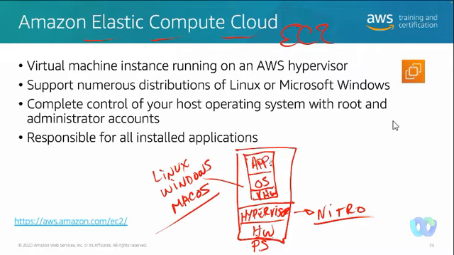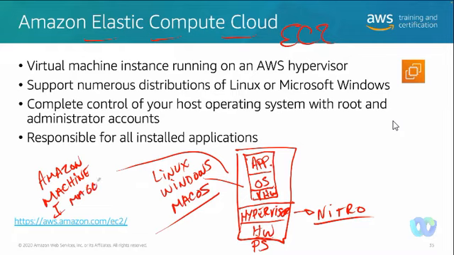In order to do that, you will use what we call an Amazon Machine Image, or an AMI.